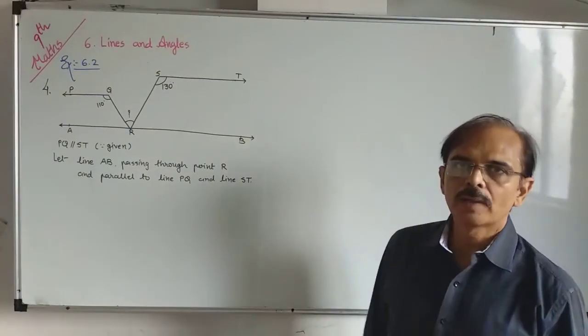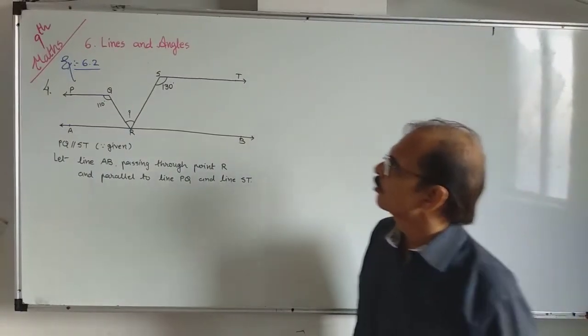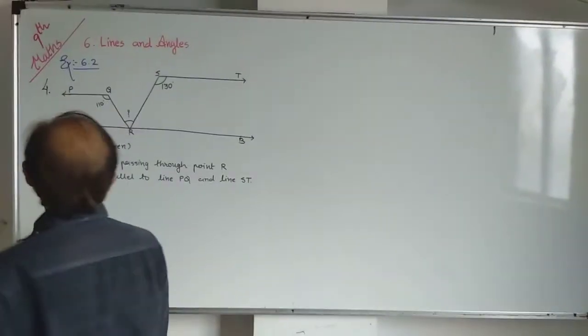You know that PQ is parallel to ST, so line AB is also parallel to ST.